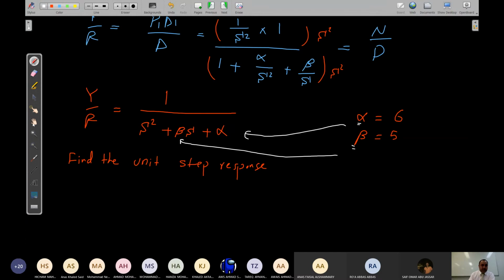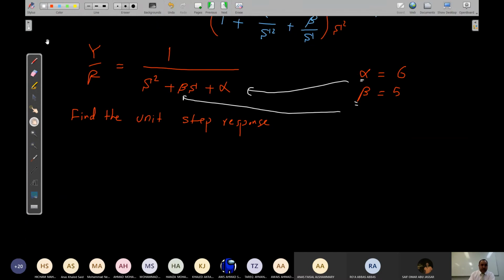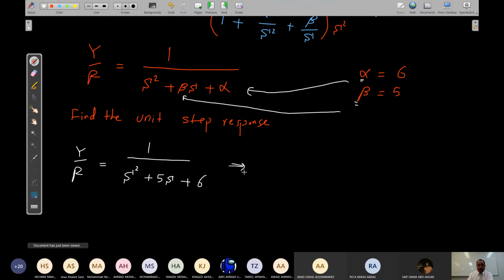If I substitute, now I have Y over R equal to 1 over s square plus 5s plus 6, correct? So simply this implies that Y is equal to 1 over s multiplied by s square plus 5s plus 6.